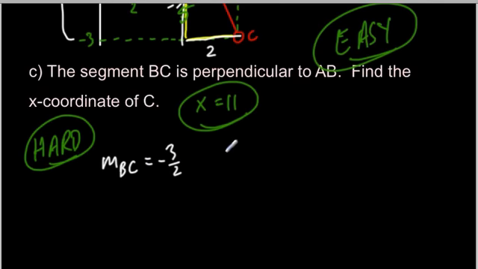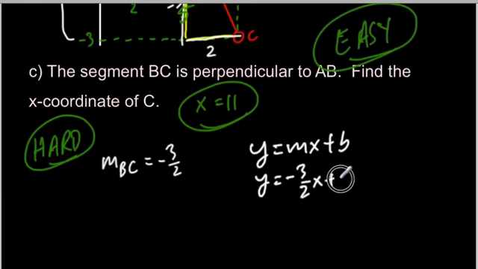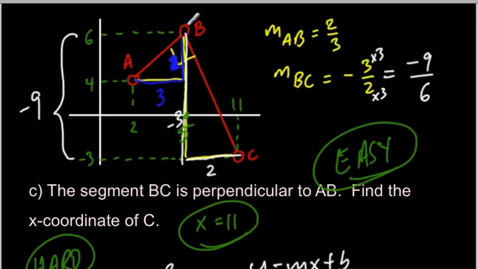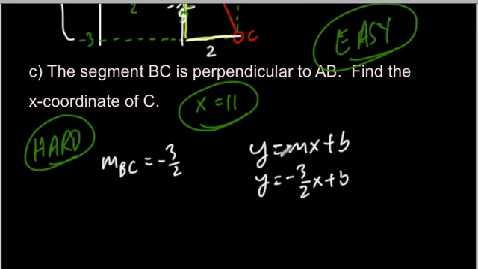You can find the equation of the line: y is equal to mx plus b, so y is equal to negative 3 over 2 x plus b. Next we need a coordinate it goes through, and since it goes through B, the coordinate of B is 5, 6. You can just plug that in.